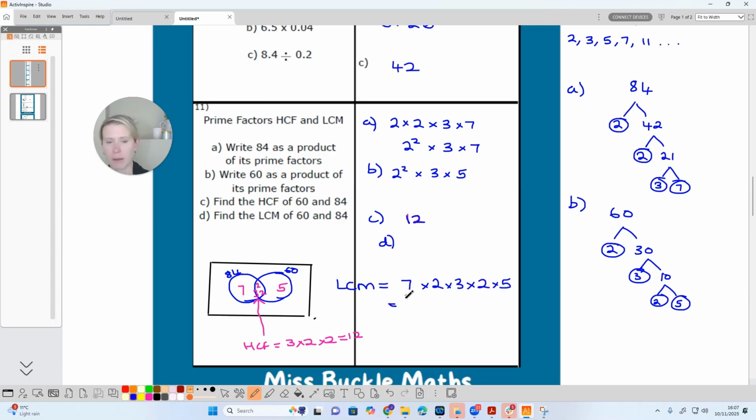Okay. Now I break these up to try and make it a bit easier. 7 2s are 14. So I would do it as 7 times 2 is 14. That makes 10. And then times 3 afterwards. 14 times 10 is 140. 140 times 3 is 420. And that is our lowest common multiple.